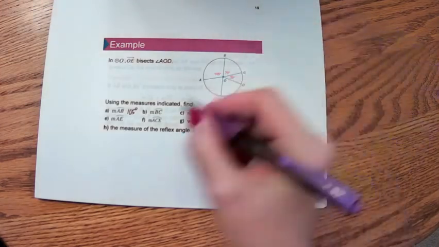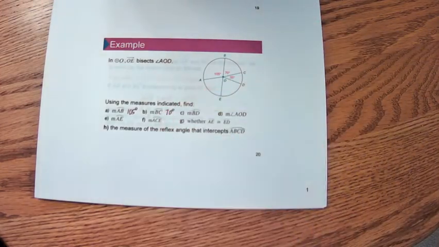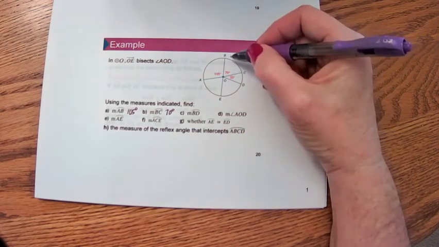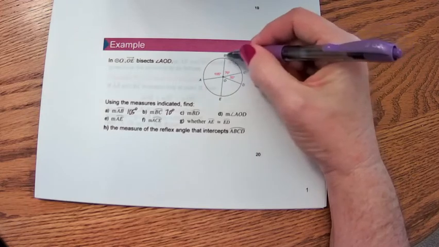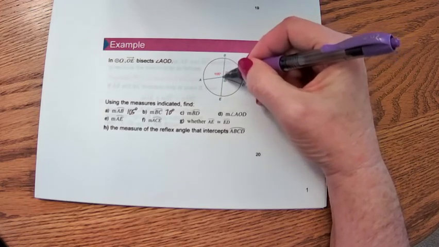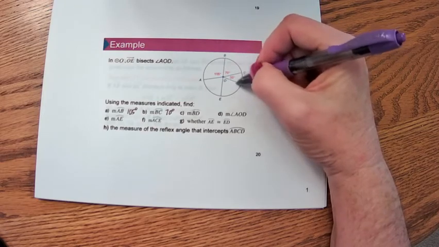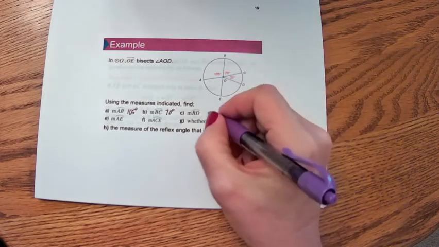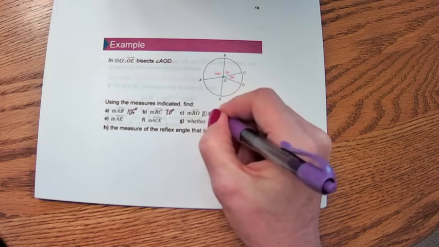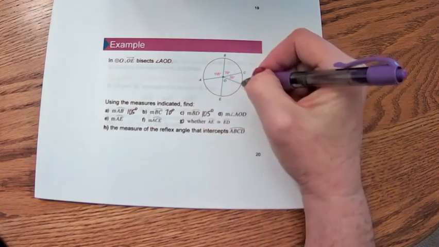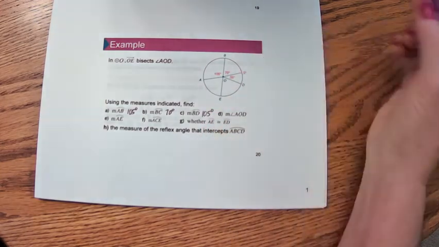If the intercepted angle is 70, the measure of the arc is going to be 70. How about the measure of arc BD? The central angle is 70 plus 35. This is a 105 degree angle, which means we have a 105 degree intercepted arc.